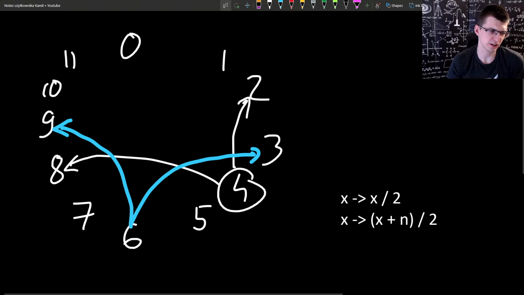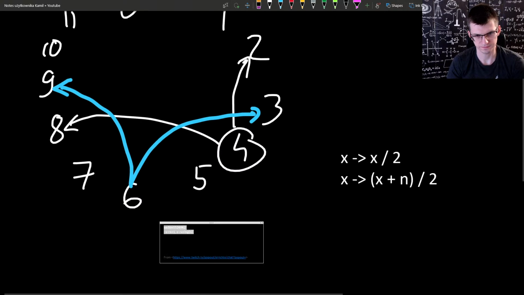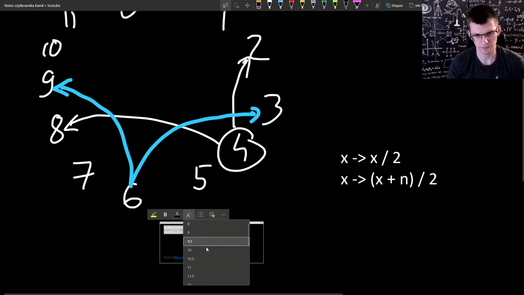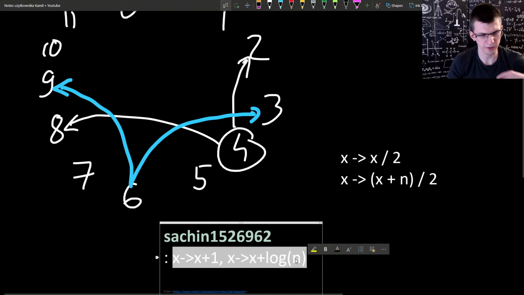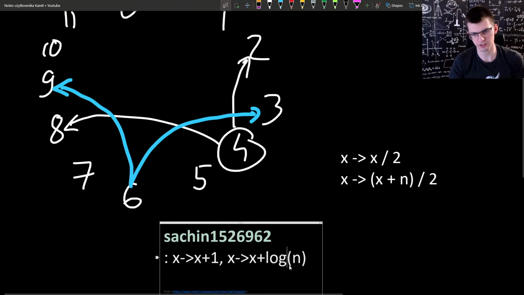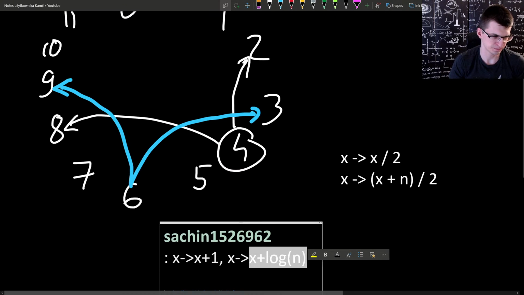This way you will need a lot of steps to get from 0 to n, like n over log. If you only jump by plus 10, you will need 100 steps to get from x to a much bigger value.